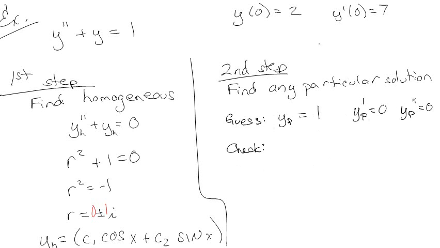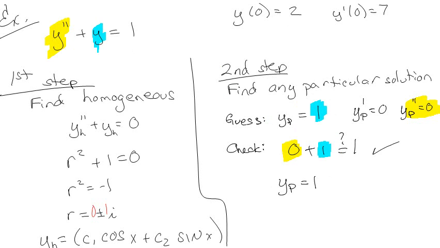So if I plug that in, I've got 0 plus y, which is 1. And I want to know, does that equal 1? Of course it does. So I have a particular solution of 1.